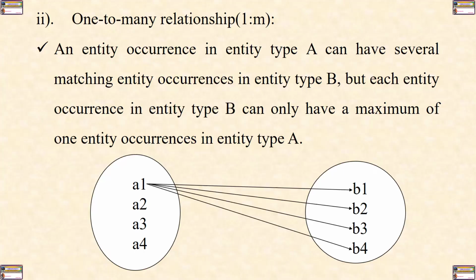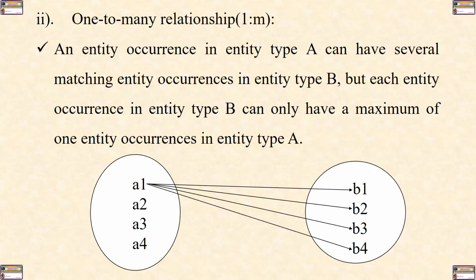What is outstanding here is that the field called A1 has a relationship with all four fields in table B. But the fields in table B have only a single field related to them in table A. So B1 is related to only one field in table A, A1.